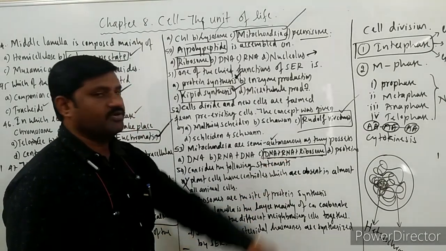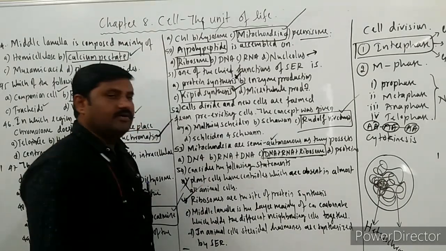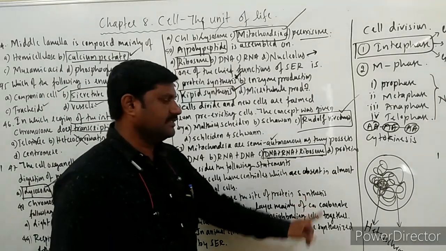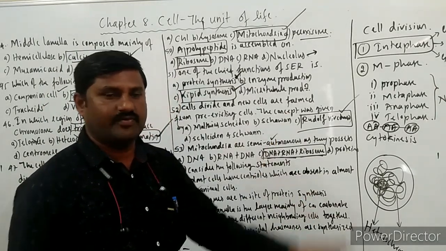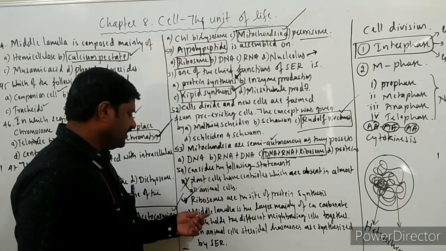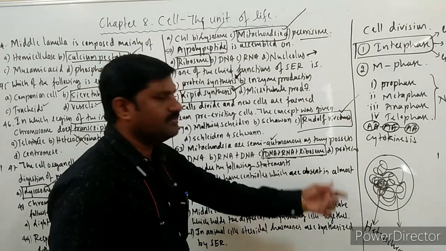Ribosomes are the site of protein synthesis. Of course, ribosomes are called the protein factories, so they perform protein synthesis. It is the correct statement. Hence B is correct, A is wrong. Next one, middle lamella is a layer mainly of calcium carbonate.